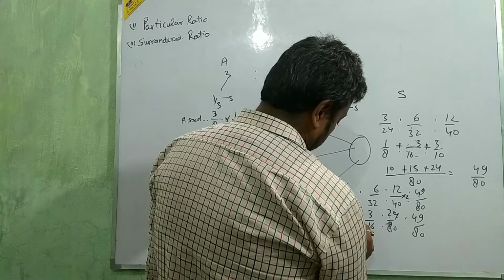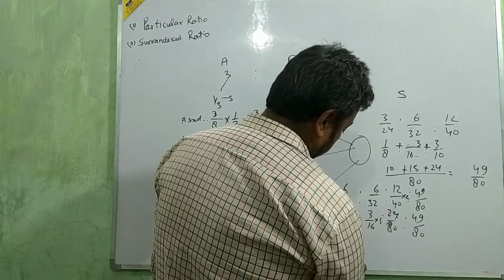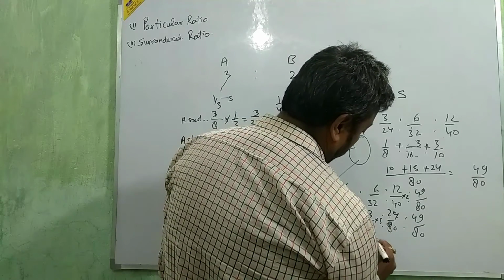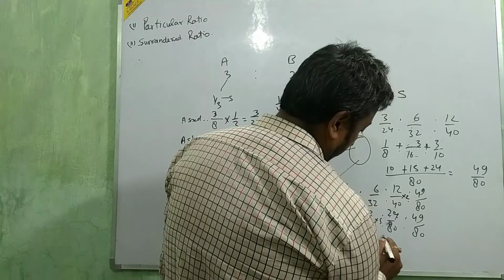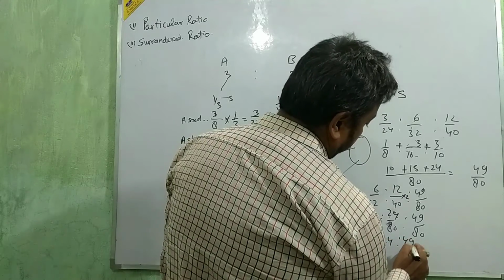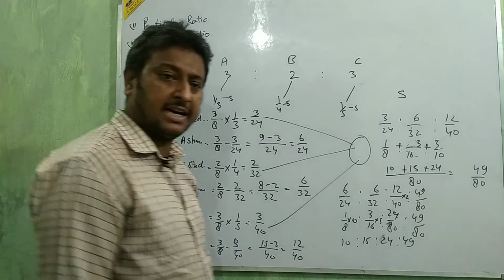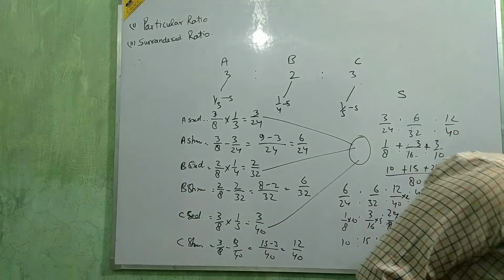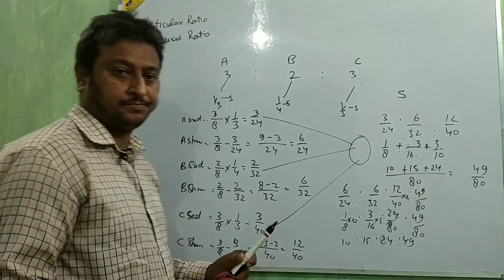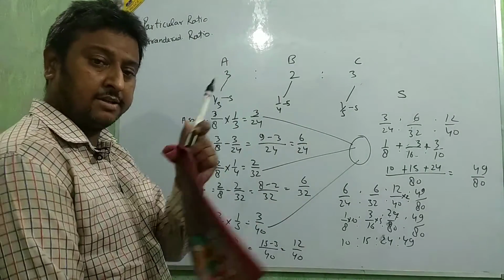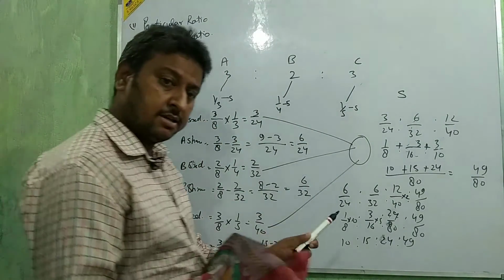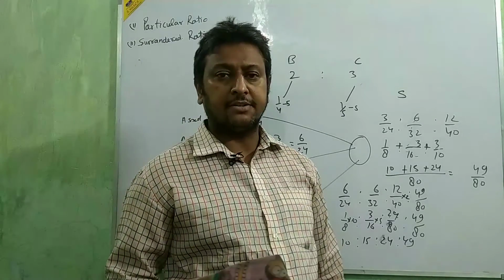Then 10 and 5. It means 10 is to 15 is to 24 is to 49. This is the new profit sharing ratio. Okay beta, clear? This is the new profit sharing ratio. Okay, clear? New profit sharing ratio is clear?